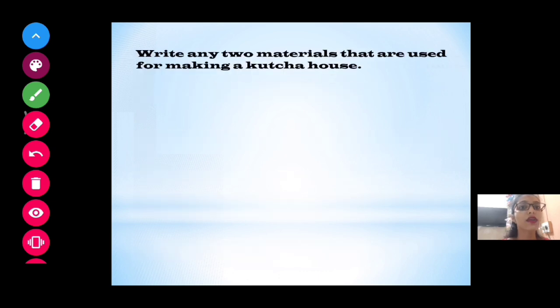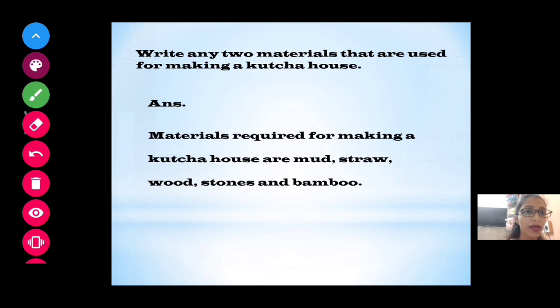Next question. Write any two materials that are used for making a kacha house. Now, whatever materials I have taught you, you have to mention here. I have given many materials. You can write any two out of them. It is mentioned over here.